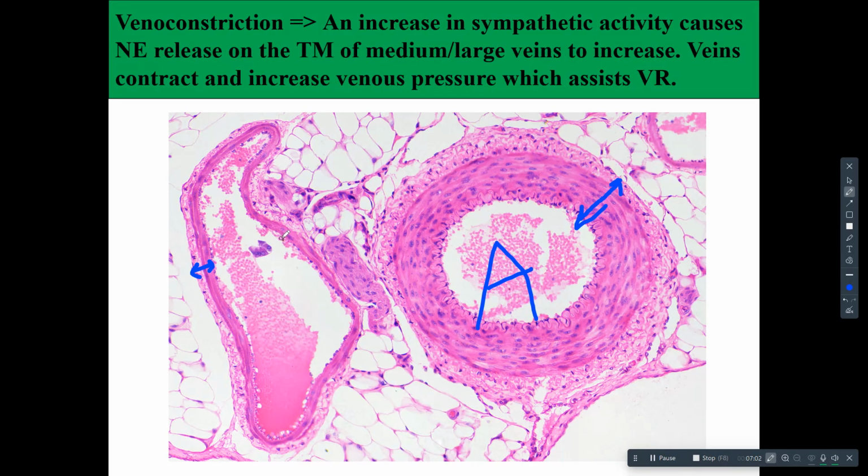However, that skinny wall does have muscle in it. There is muscle in here. And when that muscle contracts, that is going to squeeze this vein, raising pressure in here and pushing blood back to the heart. All right, so that is venous return.